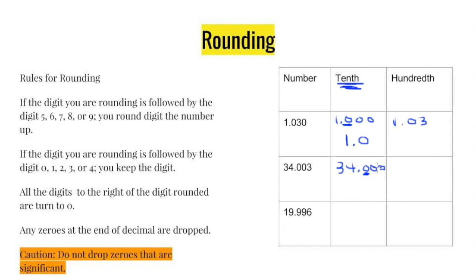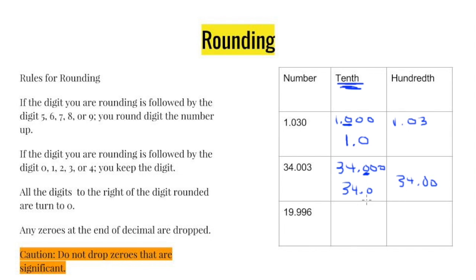However, these other zeros are not significant. So we could say this one to be 34.0. And now let's look at the 100th. When we round it, we would get 34.00. Now, these two numbers look the same to us.